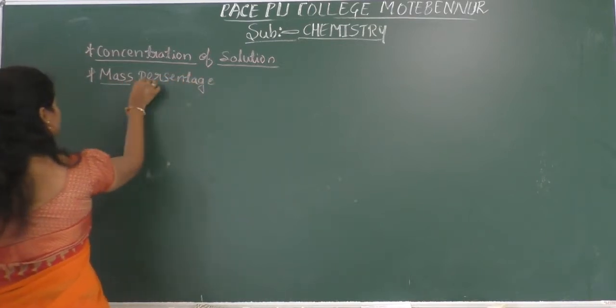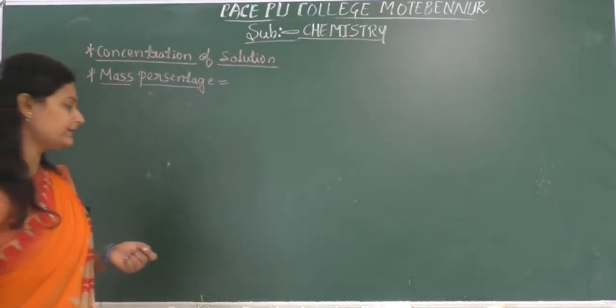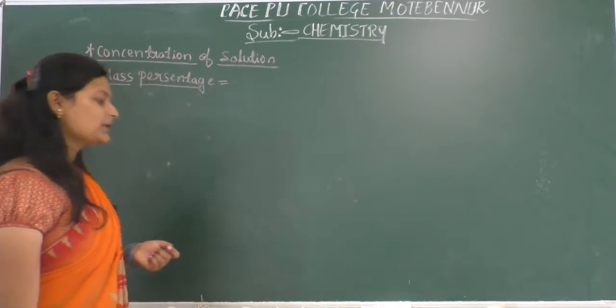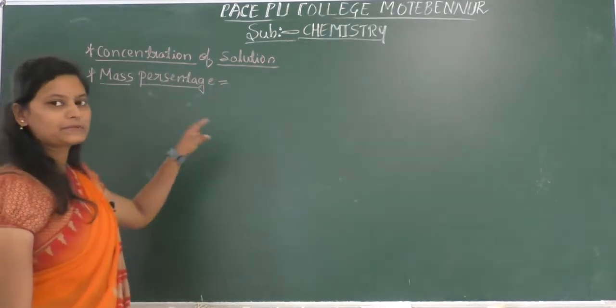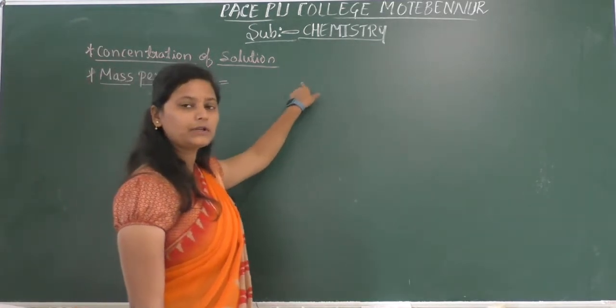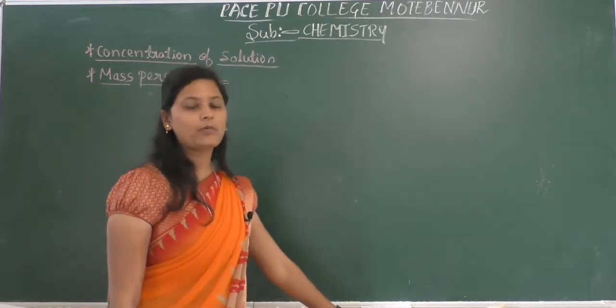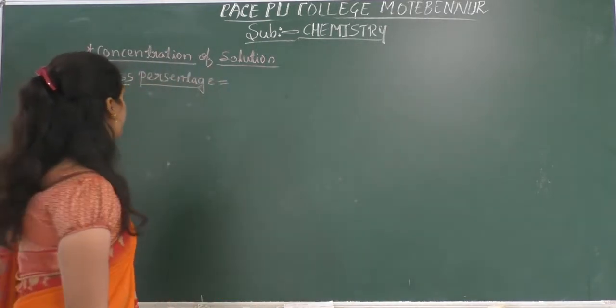So mass percentage. Here the formula to calculate the mass percentage is mass of a substance divided by the total mass of a solution into 100. So that is the formula to calculate the mass percentage.